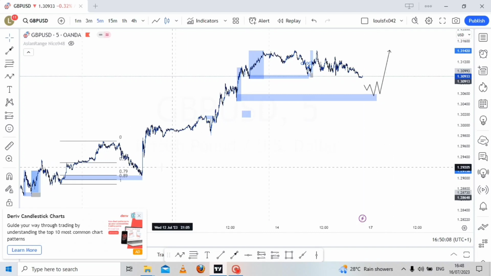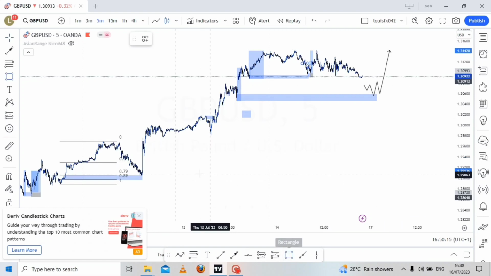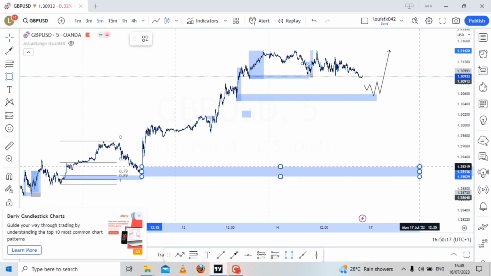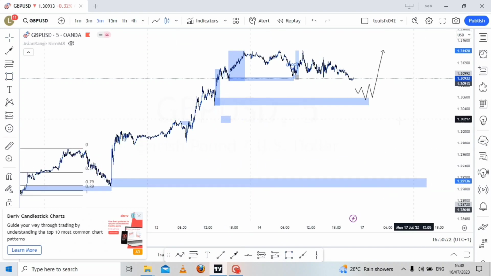Yes, and there is an imbalance here too that needs to be filled. So the market is going to break that zone. Then I think the next level here should be this one. So we're looking at these two. But for now, I think we should be good.